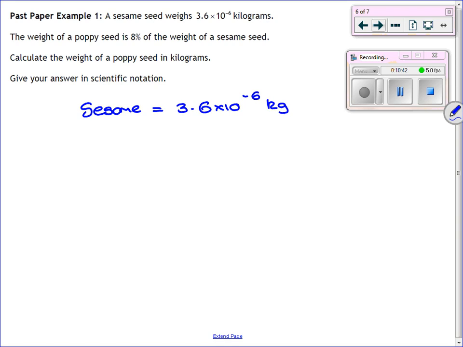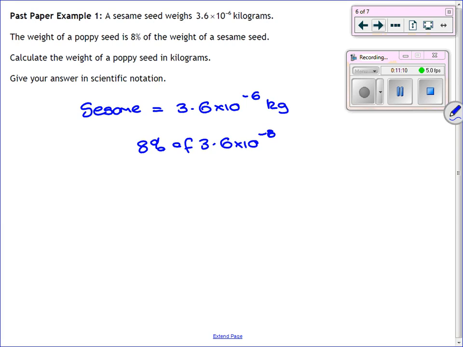Remember, that's the number 0.0000036. So it's a very, very, very small number. The weight of a poppy seed is 8% of that. So all I want to do is work out 8% of 3.6 times 10 to the power of minus 6.